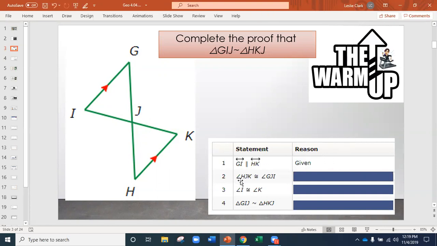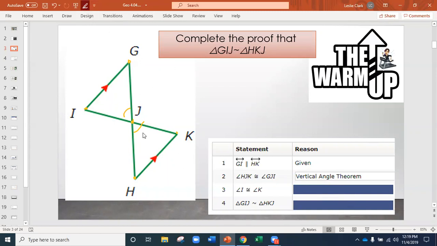And then it says that angle HJK is congruent to GJI. Those angles that make an X, so that is the vertical angle theorem. That's how we know those are congruent.